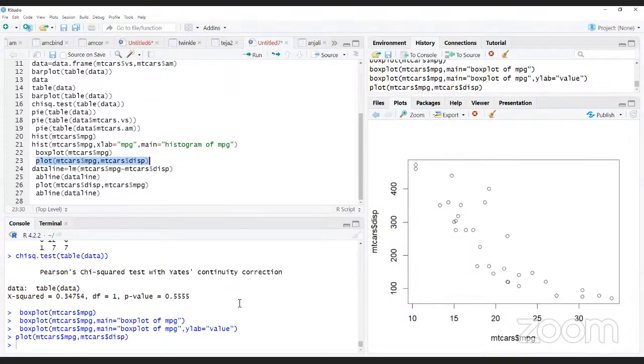Okay, so this is the scatter plot. One side is the MPG data, another side is the DISP data. So this is the scatter plot. And now you click 24.